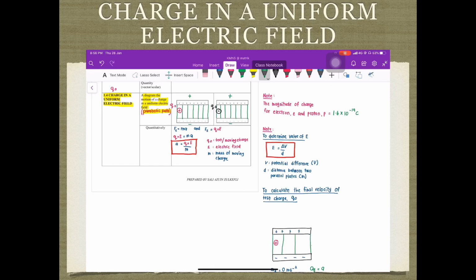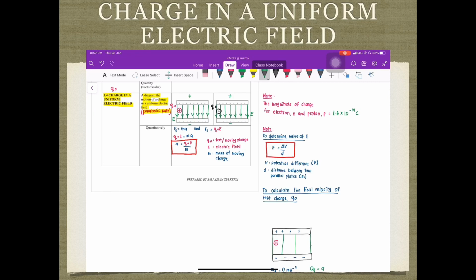So the electric field line, when we draw it, must be from positive to negative. That's why we draw the arrow from positive to negative, and we write it as E. Okay, this is a uniform electric field.